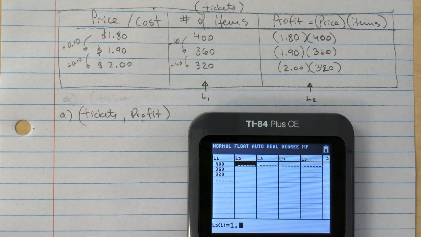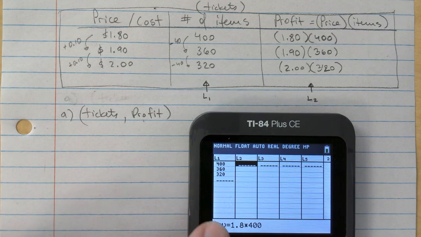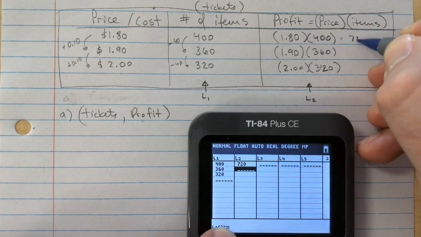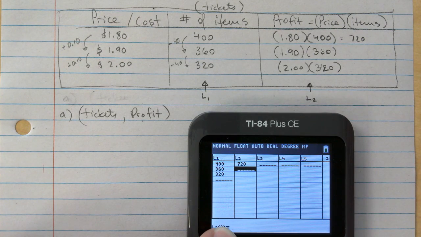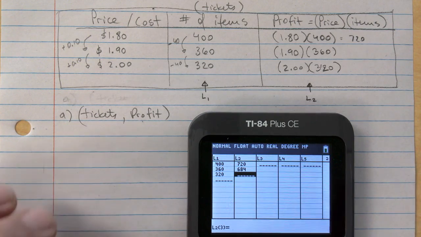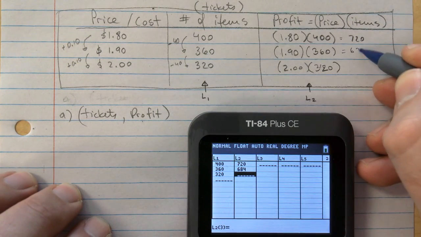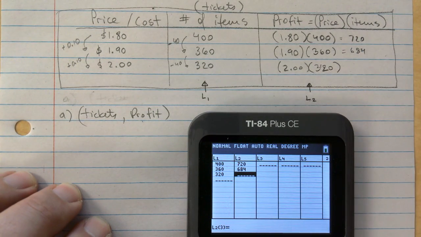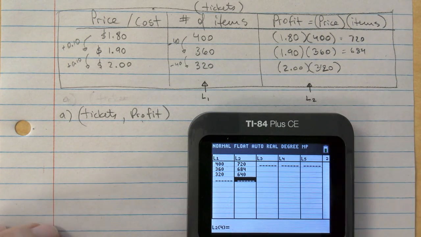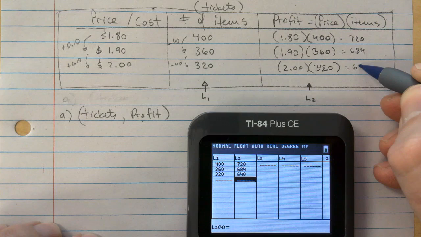You can go 1.8 times 400, type that in, and hit enter, and it will calculate that for you, and then you write down 720. So 1.9 times 360, that's 684. And then 2 times 320, that is 640.